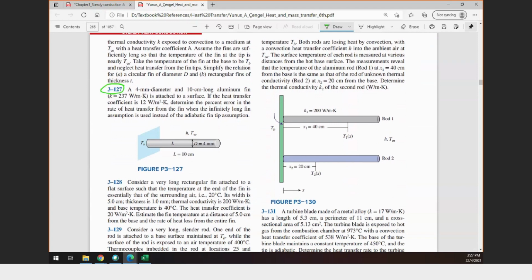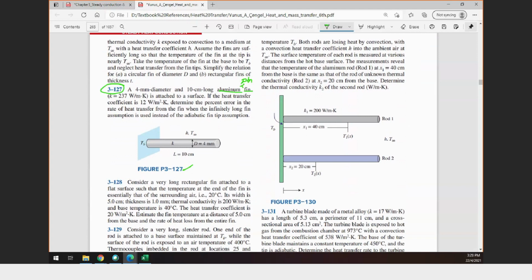If you look at this example, this is a pin fin, an aluminium pin fin. Probably because they already give you the figure, you know that this is a pin type fin attached to the surface.